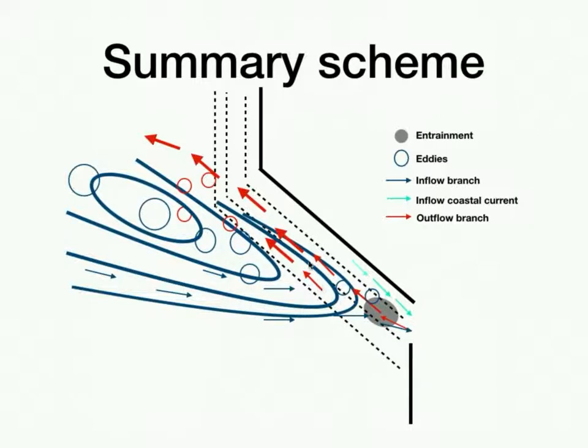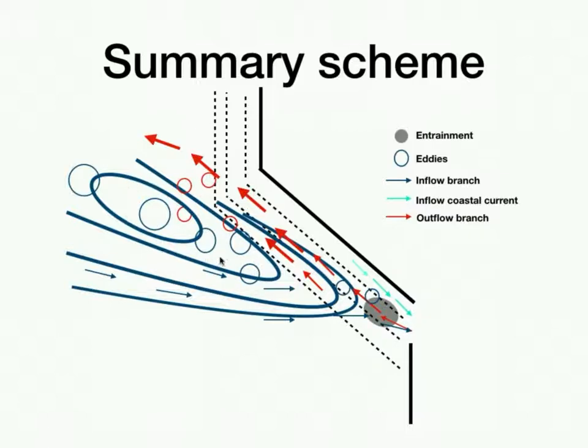So the cyclonic plume starts to appear in the mean flow, not over the entrainment zone.